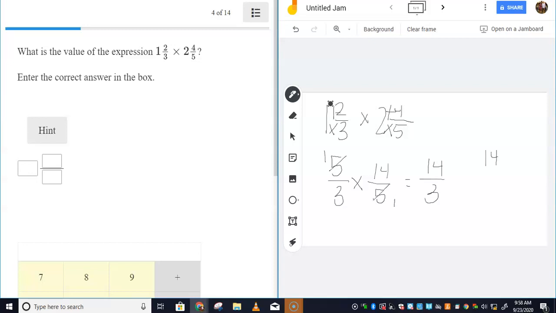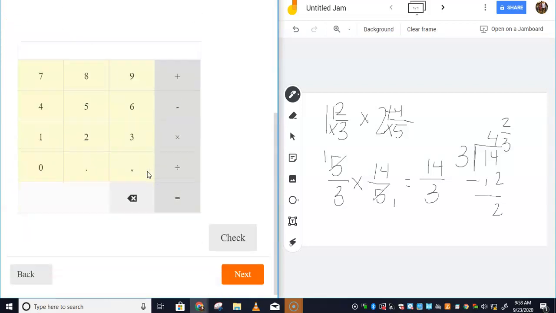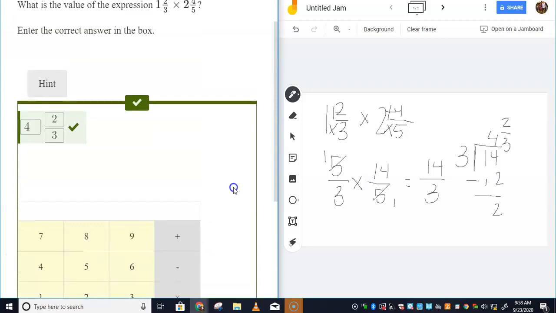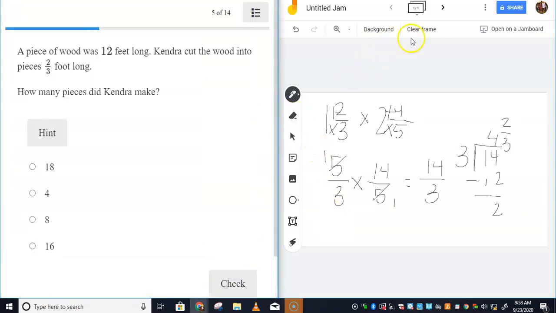Let's change that into a mixed number. So 3 times 4 is 12. We subtract that and we get 4 2/3. So let's put that right over here. Okay, if we check it out, you should get that right. Let's move on to our next one.